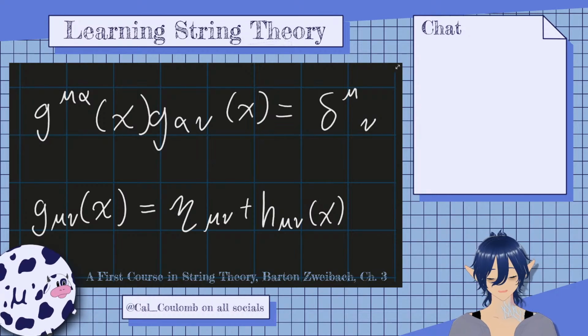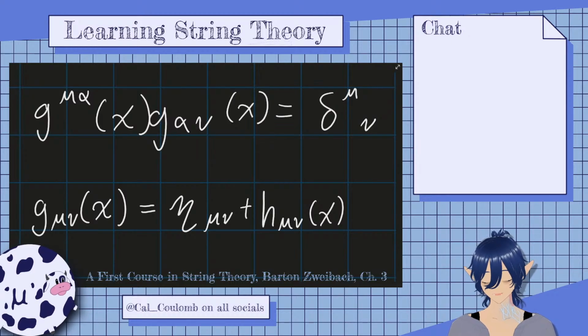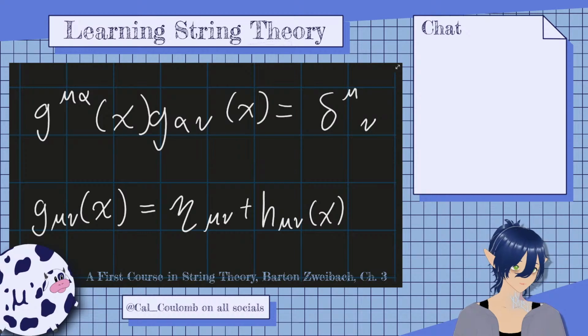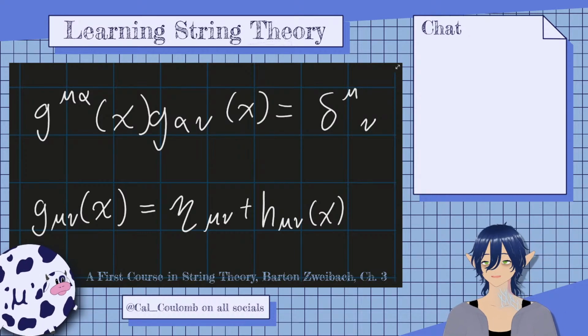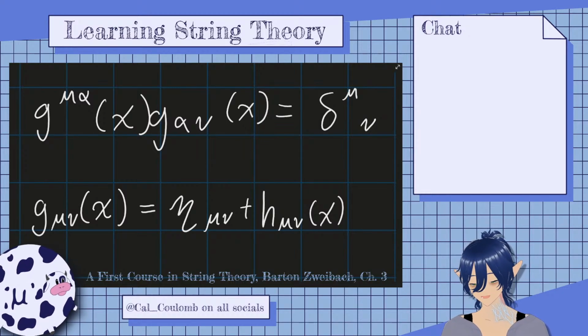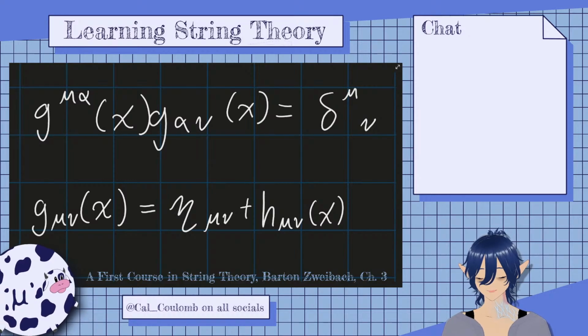Einstein's equations for the gravitational field are written in terms of the space-time metric g mu nu of x. These equations imply that matter or energy sources curve the space-time manifold. For weak gravitational fields, Einstein's equations can be expanded in powers of h mu nu using 3.81.